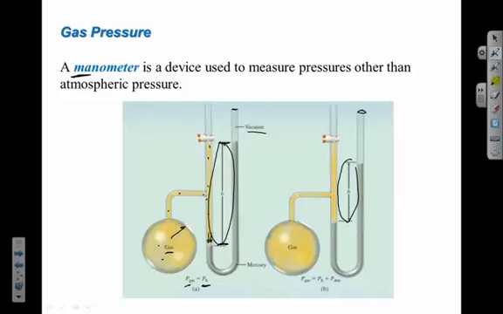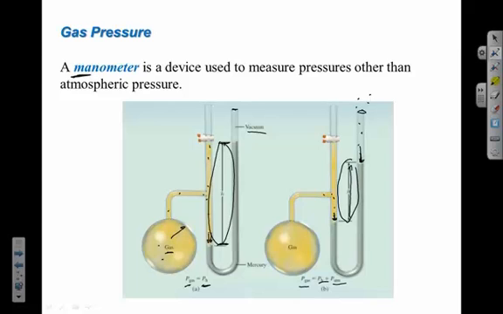All right, if it's open to the atmosphere and I don't have a vacuum up here, that means air in the atmosphere is getting in here and it's pushing down, and the gas is pushing up. So now I have a competition. So the pressure of the gas is going to be equal to the height plus the pressure of the atmosphere that's pushing down on that, that's canceling out some of that. Right? So that's another way to measure the pressure of a sample of a gas.